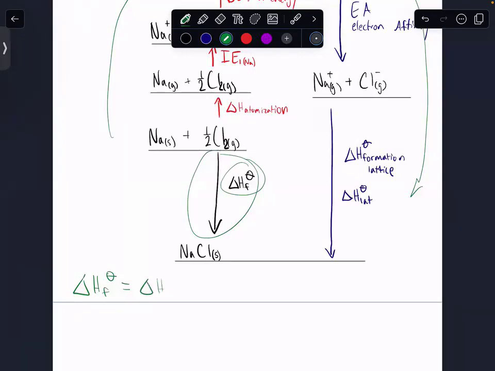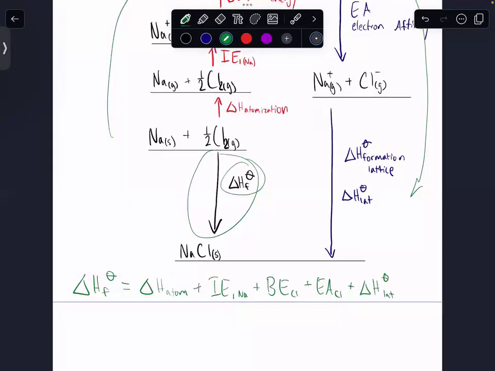Delta H atomization plus ionization energy first for sodium plus bond energy for chlorine plus electron affinity for chlorine plus delta H lattice.